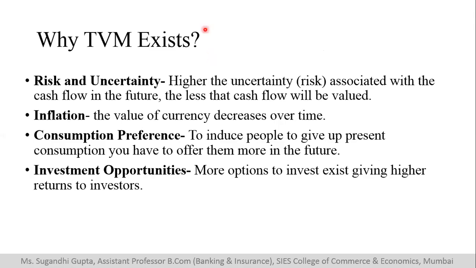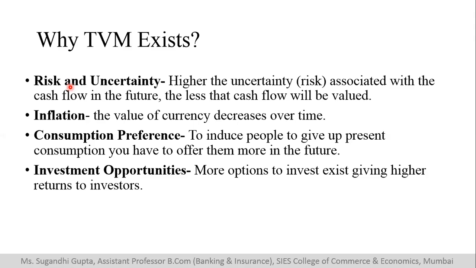Now, why does this time value of money concept per se exist? It exists because there is risk and uncertainty. It means that there is default risk; you are not sure whether after 5 years the person will still give you the money or not. So the default risk is extremely high. You don't know whether the associated cash flows will take place in the future or not because the future is uncertain.